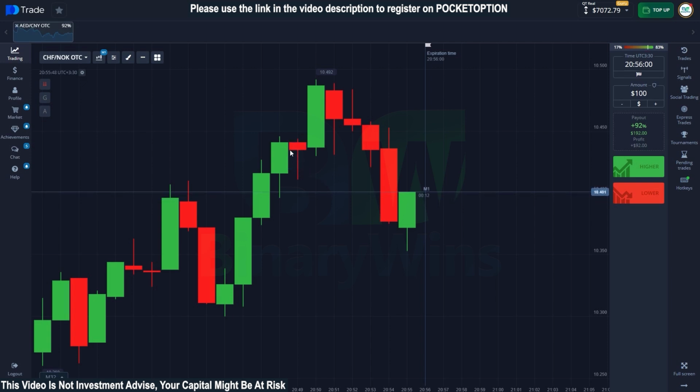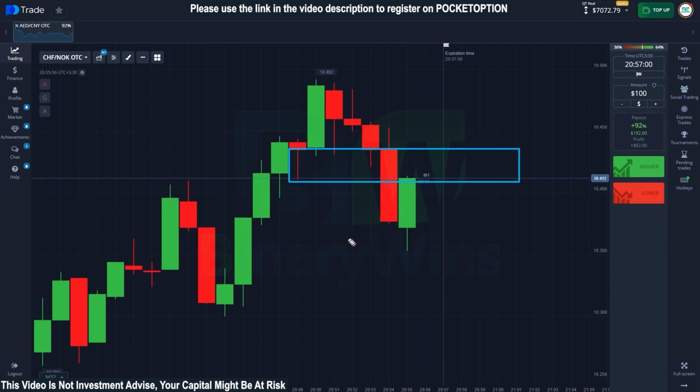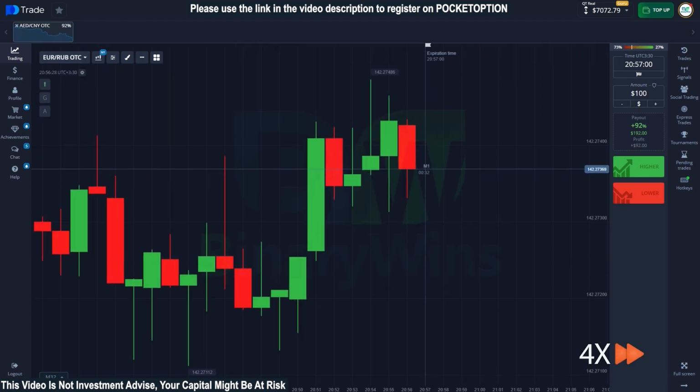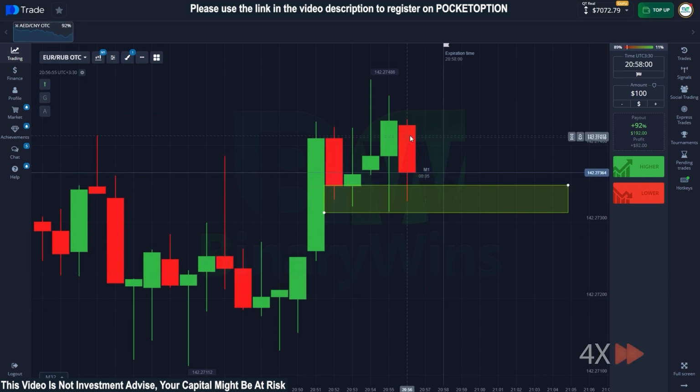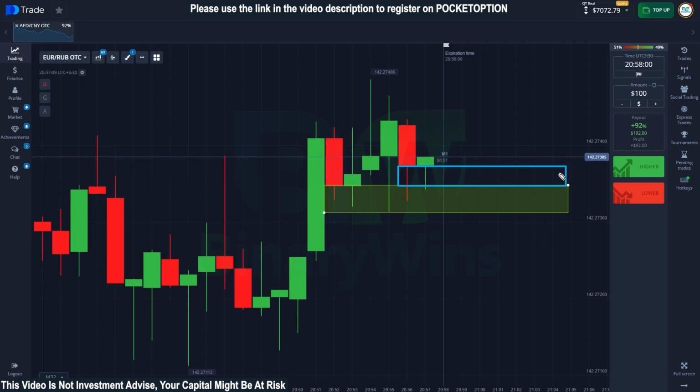But if you look, this is our fresh level, and after this candle crosses, we could enter the higher trade here and our position would be closed here. If you look, my candle received a rejection from the fresh level, but there is still a gap to our level.